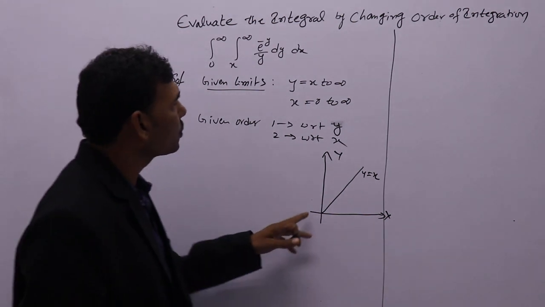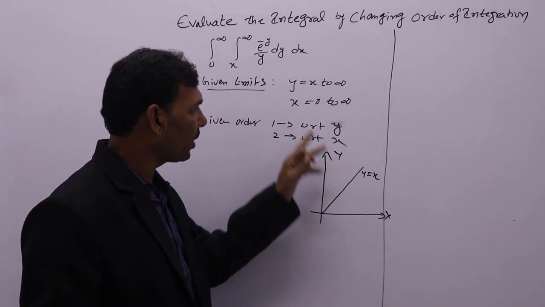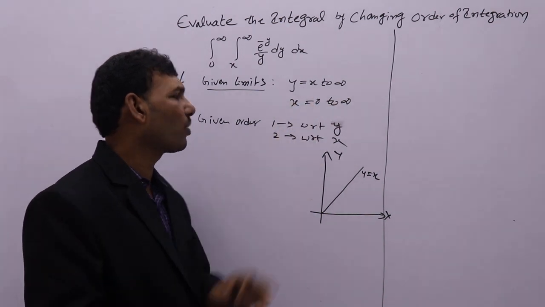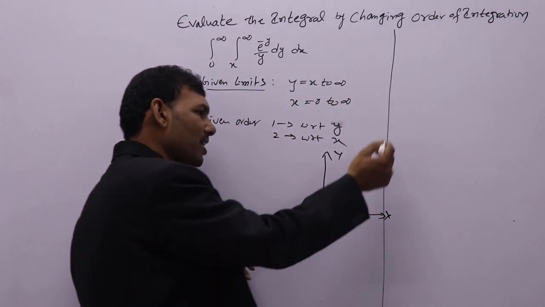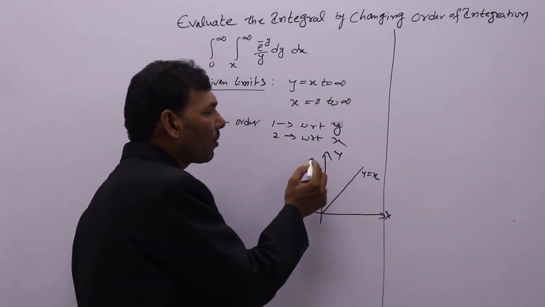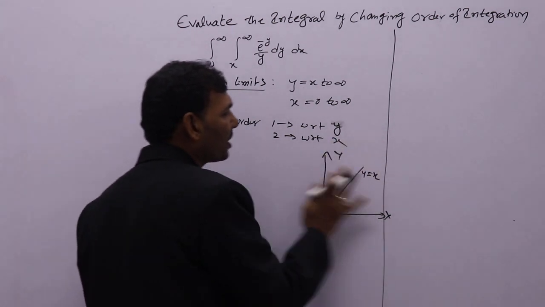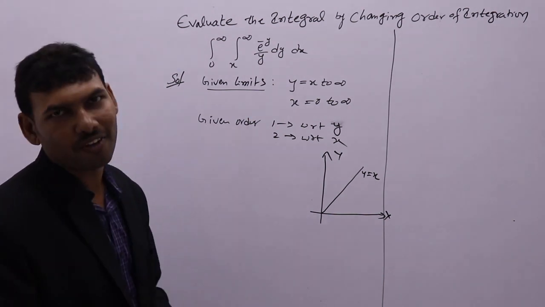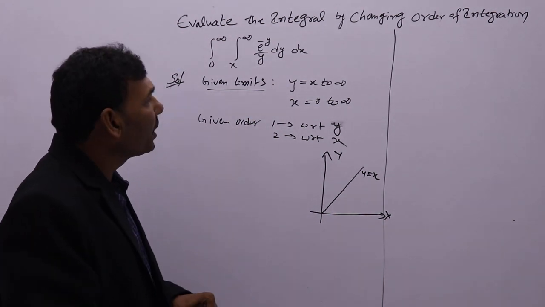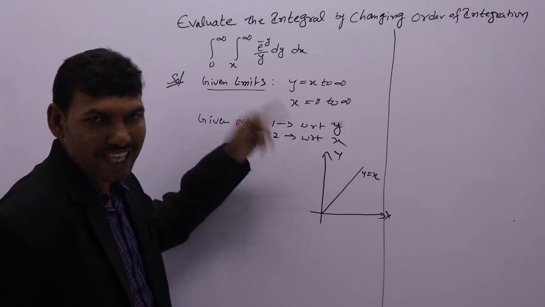Now x equal to 0 means y axis, y equal to 0, x equal to infinity line. On x axis at infinite distance you need to draw a line. On y axis at infinite distance you need to draw a line. That means this complete region will be region of integration, but we need to change the order of integration.